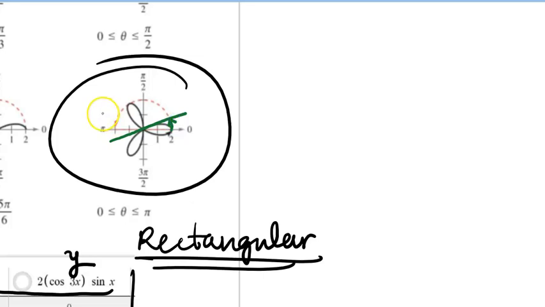Or if the angle is 5 pi over 6, I'm going to come in and hit tangent at the pole right there. Tangent at the pole, so I'm talking about the origin of this system. There's my tangent line at 5 pi over 6. The one in green was just pi over 6. And then finally in red, here's the tangent line we found on that third petal when theta is equal to pi over 2, with the angle of pi over 2.